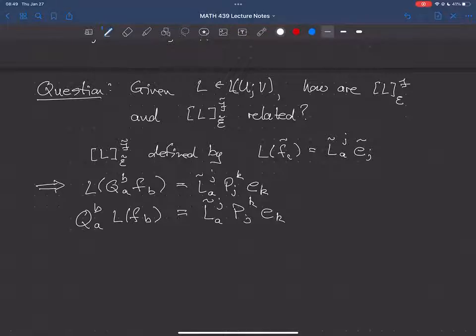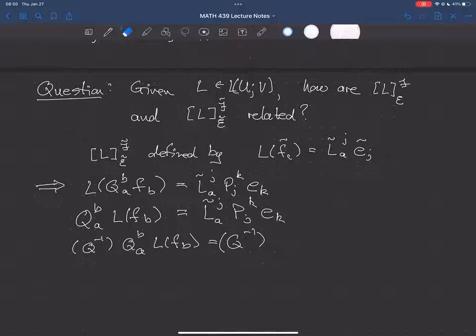I'm going to leave the indices off here and put them on afterwards, after I write everything else down.